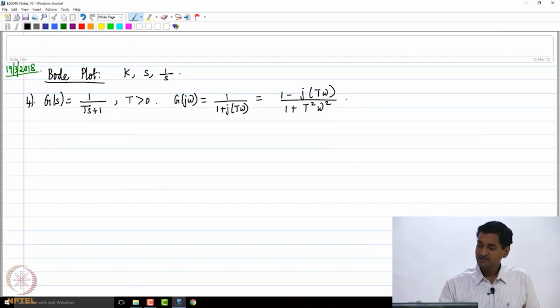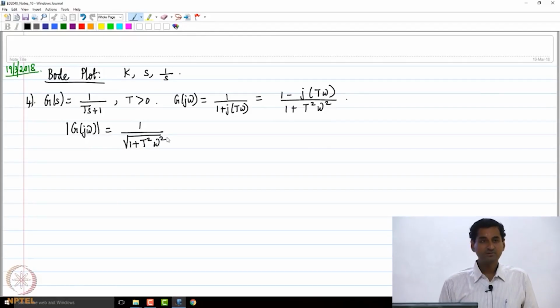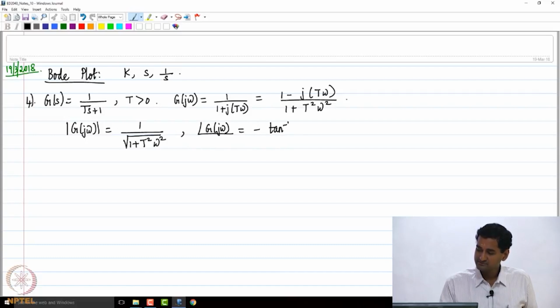Consequently, what will happen to the magnitude of G of j omega? From this factor we know that it is going to be the ratio of the individual magnitudes. So I can rewrite this as 1 divided by square root of 1 plus T squared omega squared. That is pretty straightforward, and the phase of G of j omega is going to be minus tan inverse of T omega. That is the magnitude and phase of this particular factor.